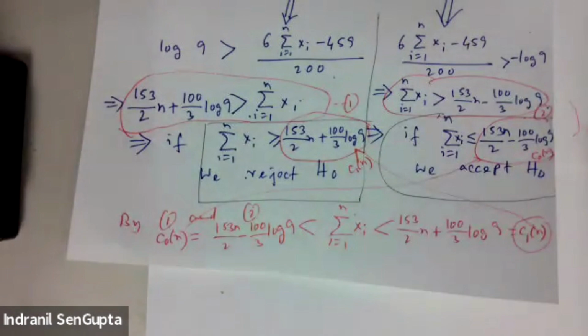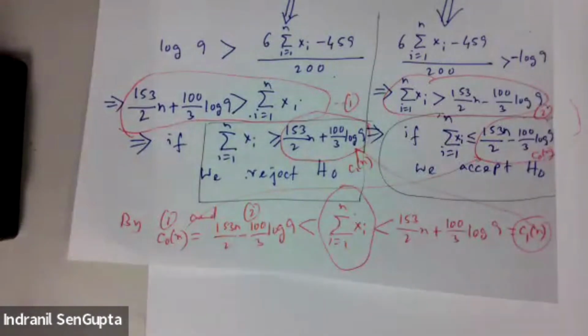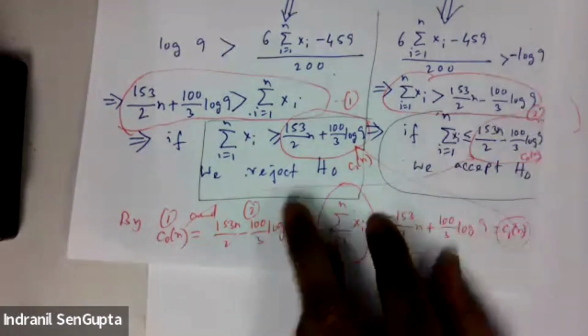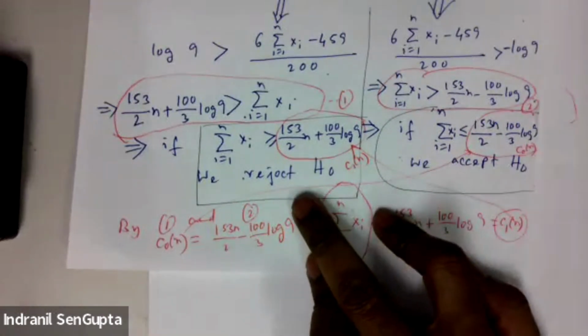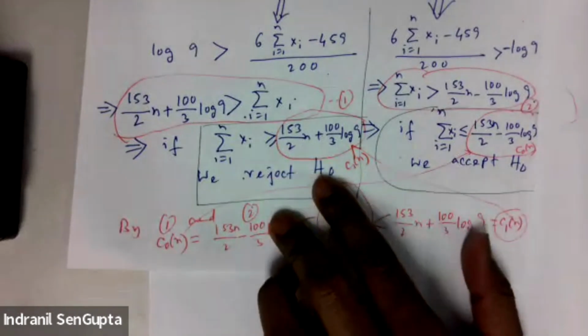So there are two ways of understanding this. Basically this statistic lies between C0n and C1n, right? Consequently, we are rejecting H0 provided that the sum of xi is more than C1.